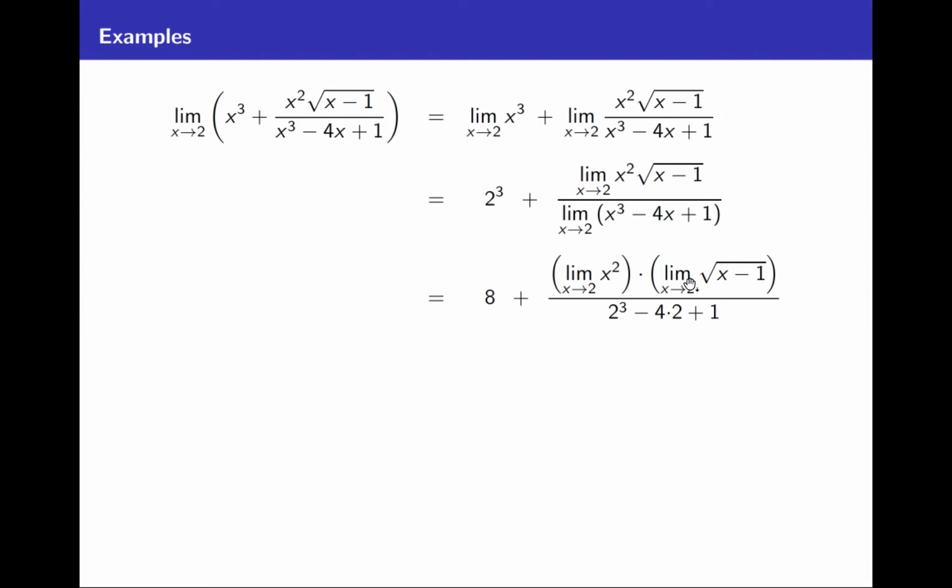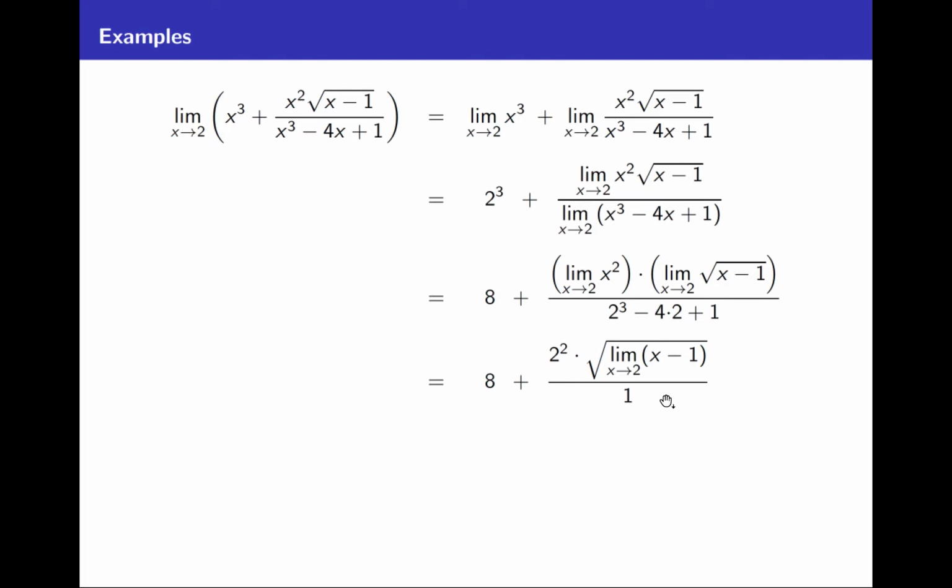And here with this limit times the radical, we have a limit law that says we can bring that limit inside the radical. So we get 8 plus 2 squared times the square root of the limit as x approaches 2 of x minus 1. And this is all divided by our 2 cubed minus 4 times 2 plus 1, which is 1.